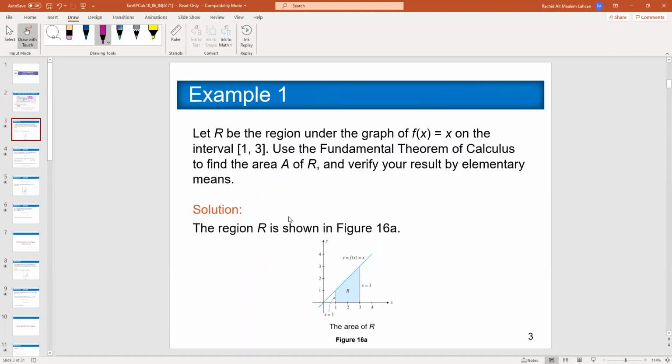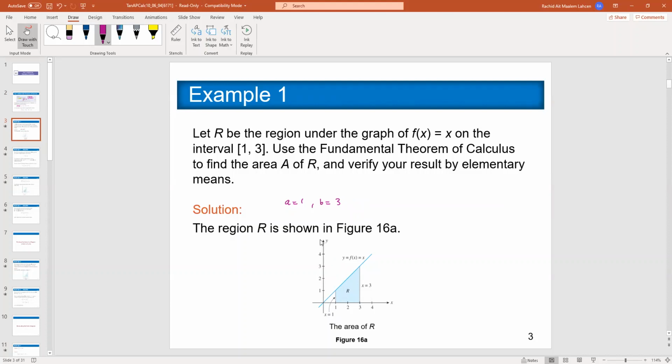So let's explain in this example 1, let R be the region under the graph, and we have the interval 1 to 3, so here A is going to be 1 and B is going to be 3. And let's use this fundamental theorem of calculus to find this calculation.